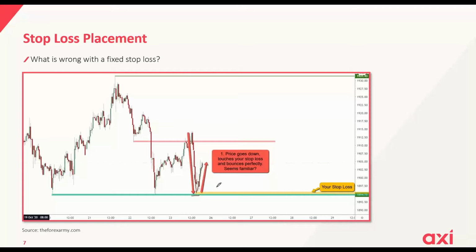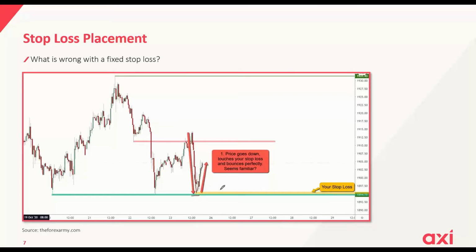I'm not sure about you guys, but there are many cases where your trade gets stopped out, and then once it gets stopped out, it moves in the direction that you intended right away. And this is one of the reasons: the stop loss placement.